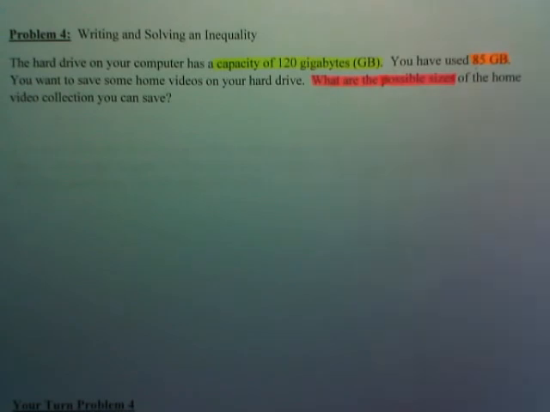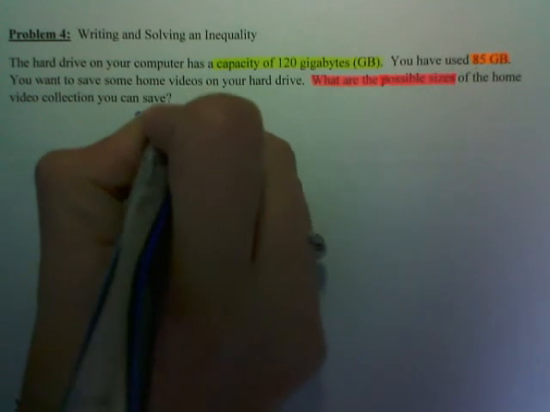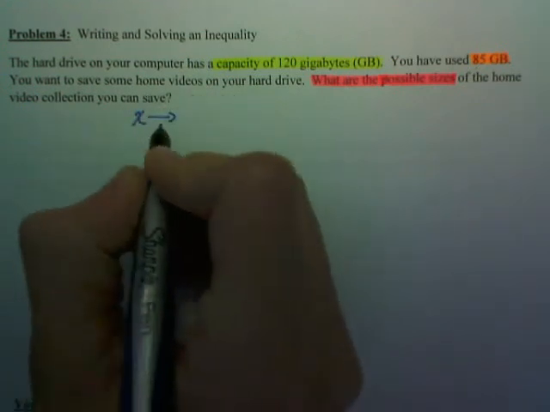So let's start breaking this down into all the parts here. First of all, the best practice is to actually identify your variable up front. So I'm going to identify that I'm going to use x as my variable, and I want x to represent, we need to write in what we want x to be.